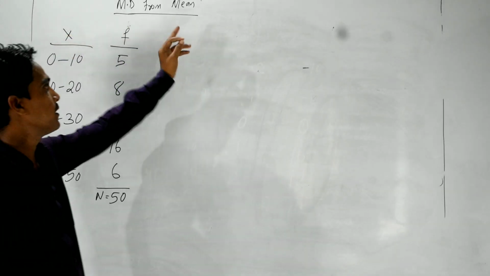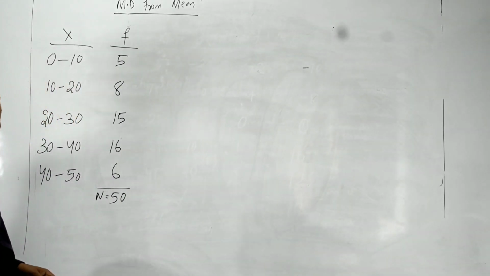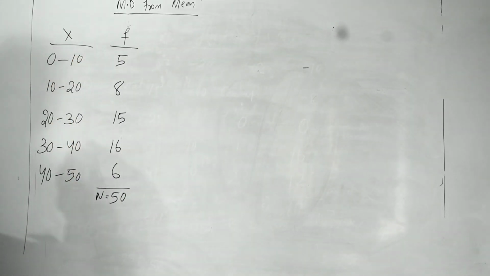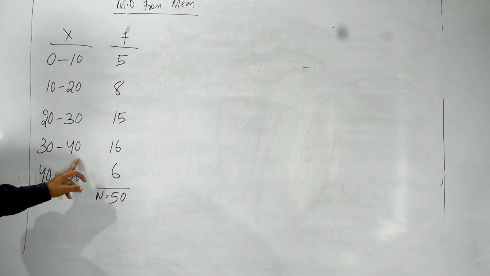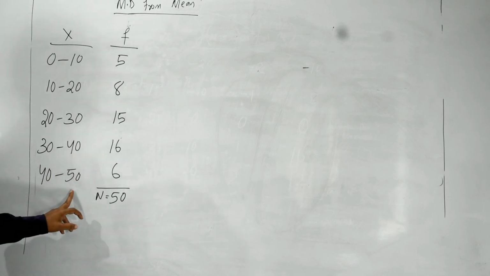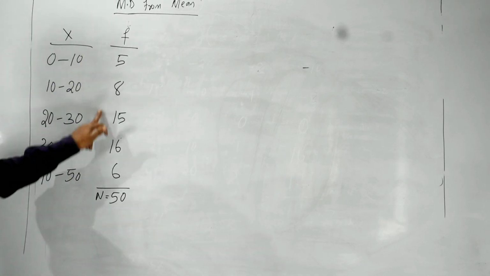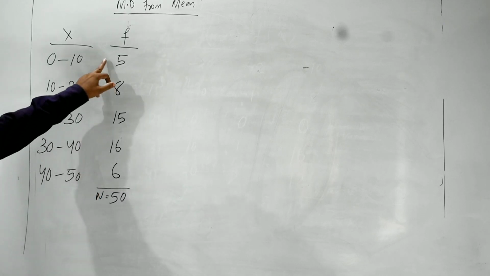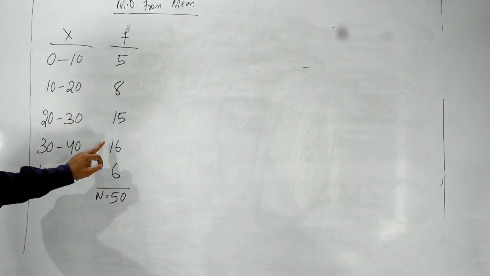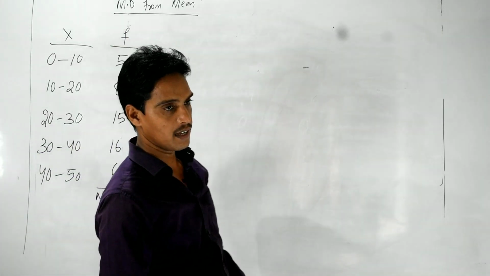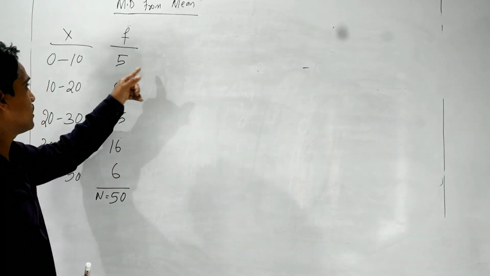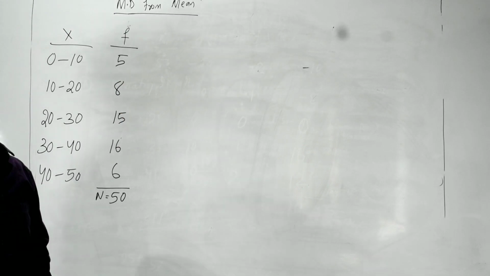Now find out the mean deviation of the given series, that is x: 0 to 10, 10 to 20, 20 to 30, 30 to 40, 40 to 50, and their frequencies are 5, 8, 15, 16 and 6. Now we have to find the arithmetic mean, so convert the given series into arithmetic format.